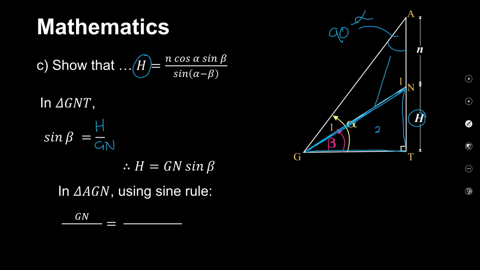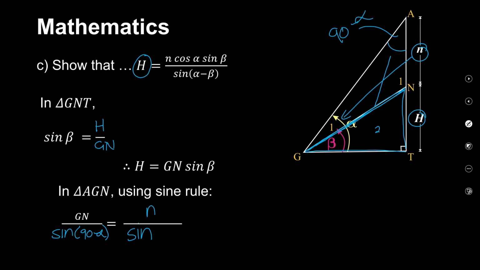So in other words, Gn over the sine of the angle across it, so sine of 90 minus alpha, is equal to, and we're going to use the other side that we have an expression for, which is going to be n and sine of the angle across it.